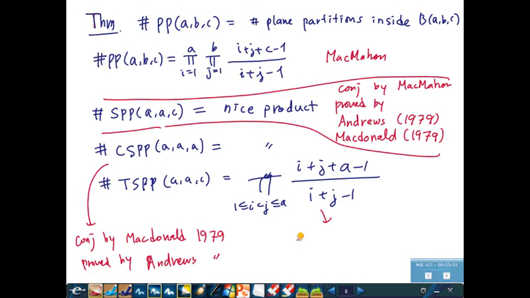And this one, conjectured by MacDonald, proved by maybe around the same year, Stanbridge, 1995. So they're all proved.